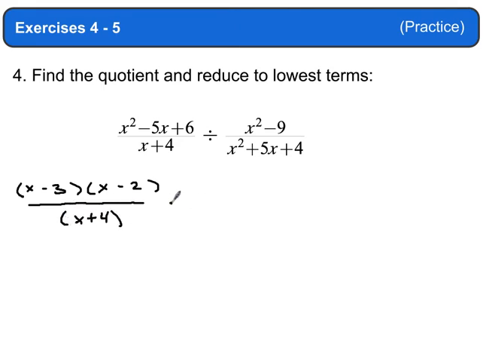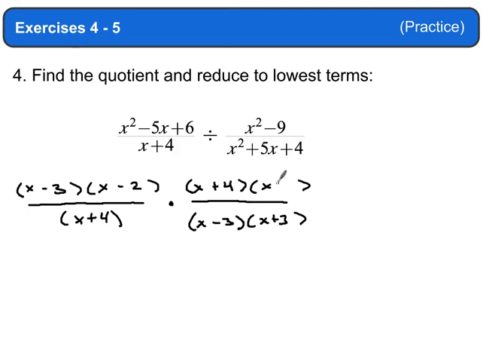Now I know I need to change my division to multiplication. So when I write this, I'm going to flip this as I factor. So this difference of squares is going to go to the denominator. So I have an x minus 3 and an x plus 3. My denominator is going to go to the numerator. And so I'm going to write x, and this will be plus 4 and plus 1.